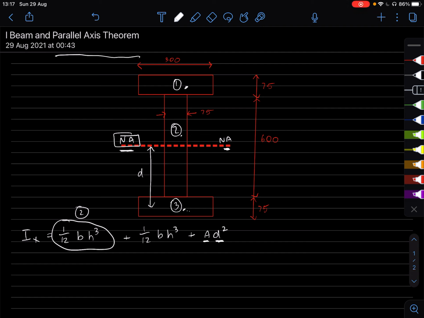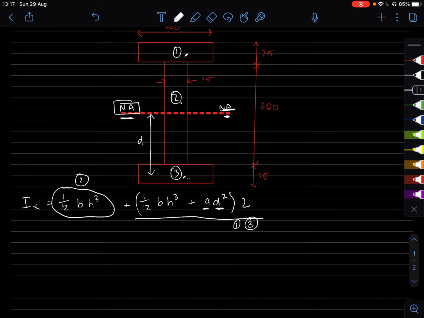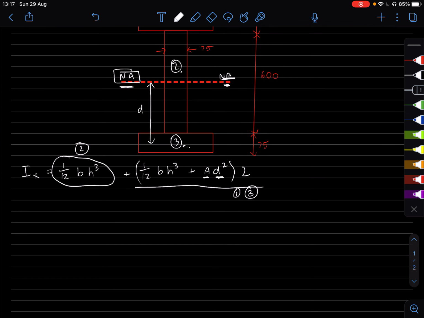So note how both of these rectangles, rectangle 1 and 3, are the same, and they're equidistant to this neutral axis. So we can just times this by 2, can't we? Times that by 2 because they're the same. Okay, so similarly, this part of the equation is for rectangles 1 and 3. Hopefully that makes sense. So let's keep going.